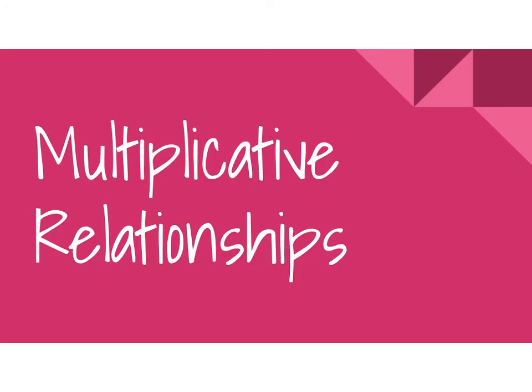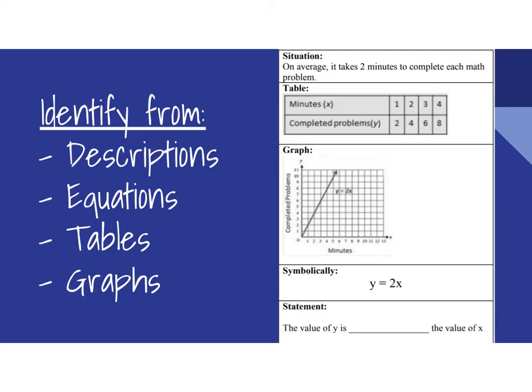Now we'll learn how to identify multiplicative relationships from descriptions, equations, tables, and graphs. Our situation on the right reads, on average, it takes 2 minutes to complete each math problem. From my situation, I know that the word each is an indicator that I would need to multiply.